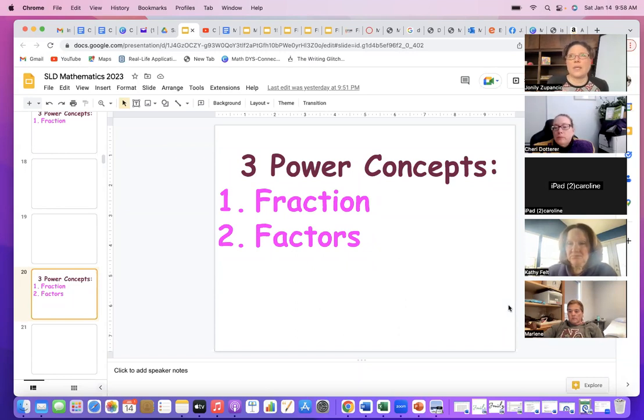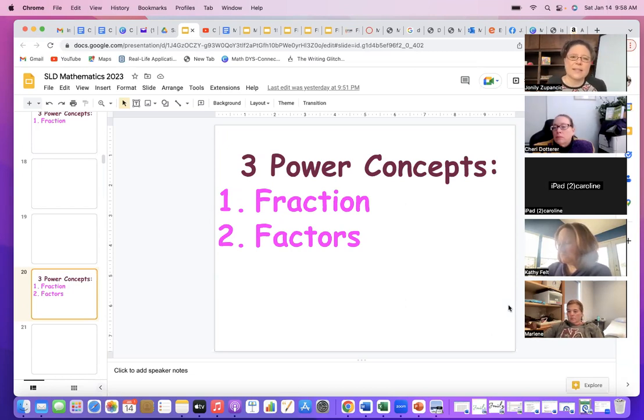Now, you may be thinking, okay, I know what fraction is. I have no idea what factors are. Factors are basically, and I'll tell you what we as teachers want it to be, fact fluency with single digit multiplication. So when I talk to secondary teachers, they're like, if kids just knew fraction and math facts, we'd be golden.